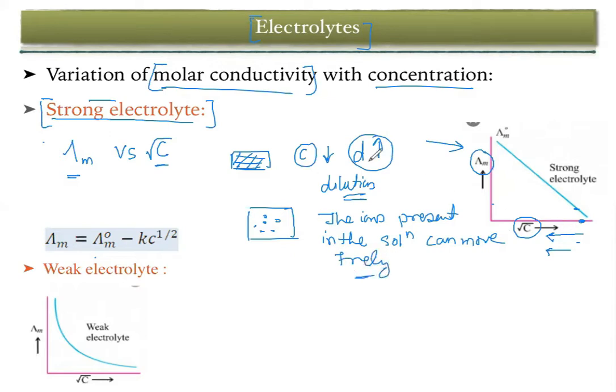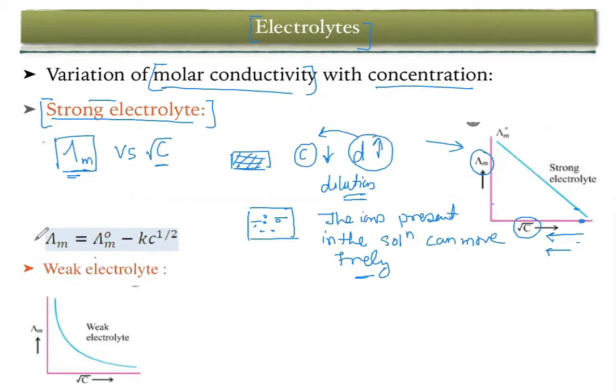So more is the dilution, that is nothing but the decrease in concentration. The ions can move freely, so that creates more flow. If more flow is there, we can say that the molar conductivity is more. So the graph will look like this.